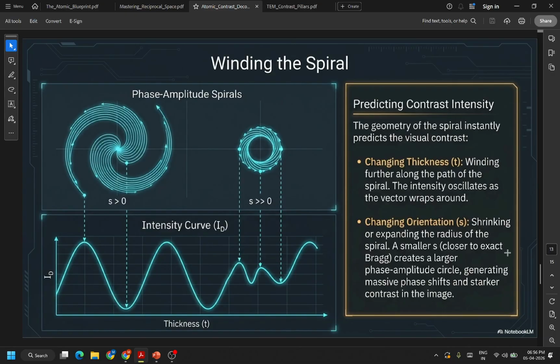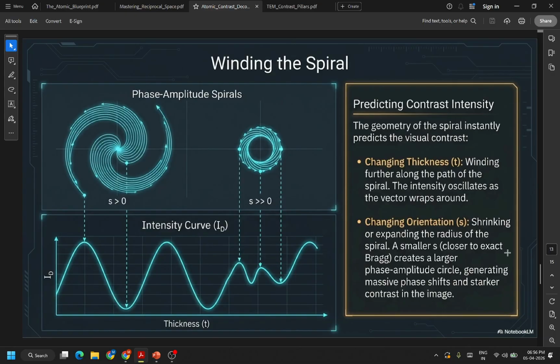And if s is much higher than 0, then all the spiraling is constricted to a smaller region, and the change in intensity with thickness is much lesser. So the geometry of the spiral instantly predicts the visual contrast. As we change the thickness, winding further along the path of the spiral, the intensity oscillates as the vector wraps around.